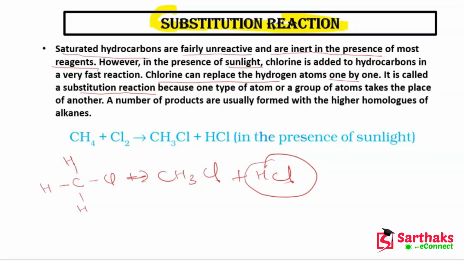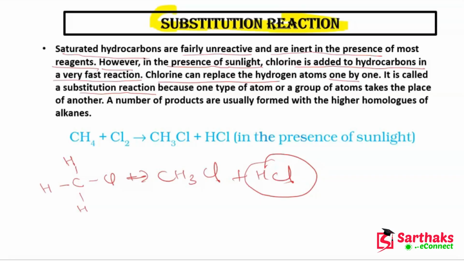It means they don't react easily. However, in the presence of sunlight, chlorine is added to the hydrocarbon in a very fast reaction. Chlorine can replace all the hydrogen atoms one by one, so it is called a substitution reaction.